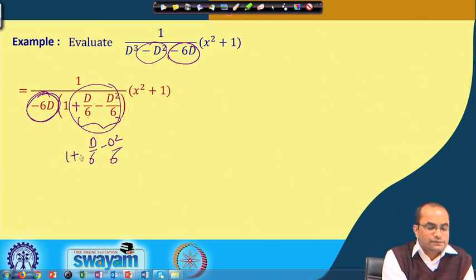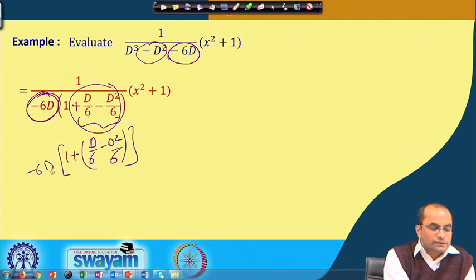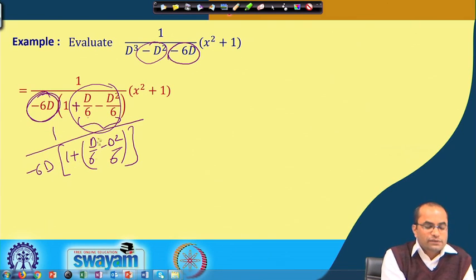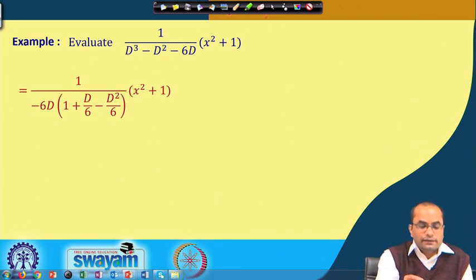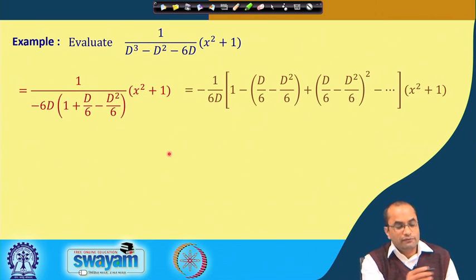Taking this minus 6D out, we get 1 plus D by 6 minus D square by 6 in the denominator, and we can take this to the numerator then and expand it.